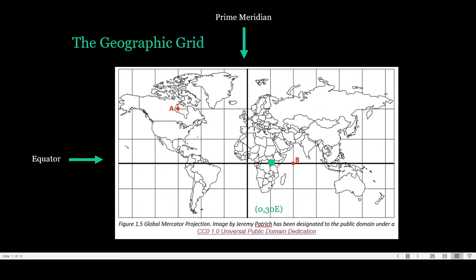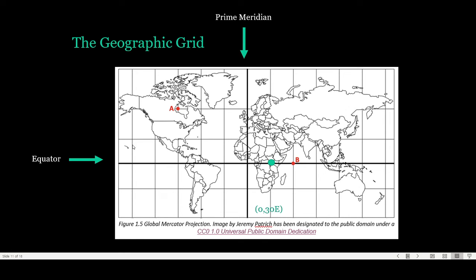And you guys will be working with the geographic grid as well. And it would be this exact grid. So I just put little pointers here. So this black line represents the equator, and this black line represents the prime meridian. So we know that the prime meridian is at a value of 0 degrees and the equator is at 0 degrees.